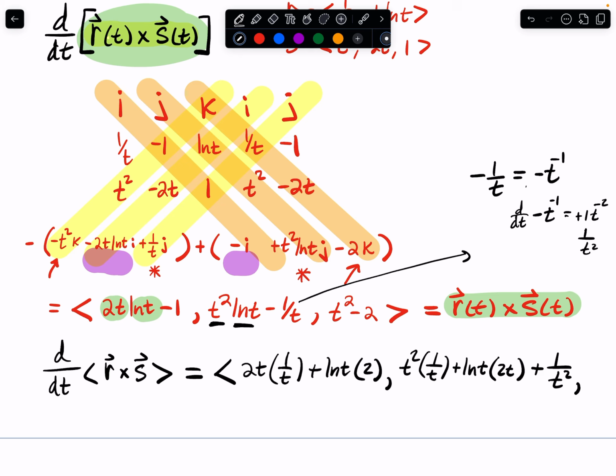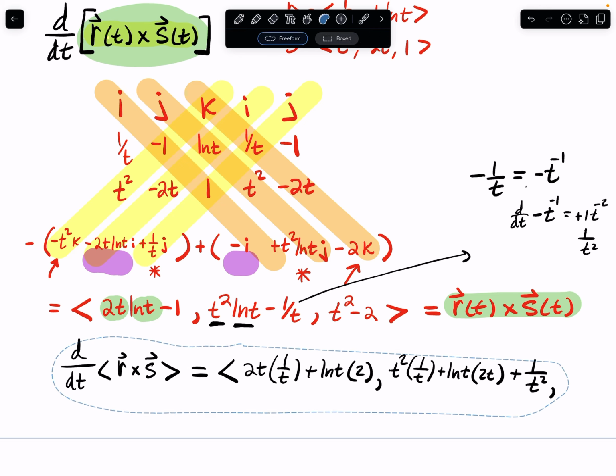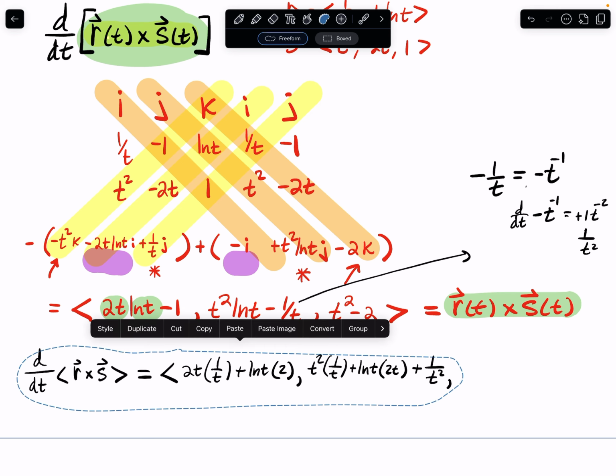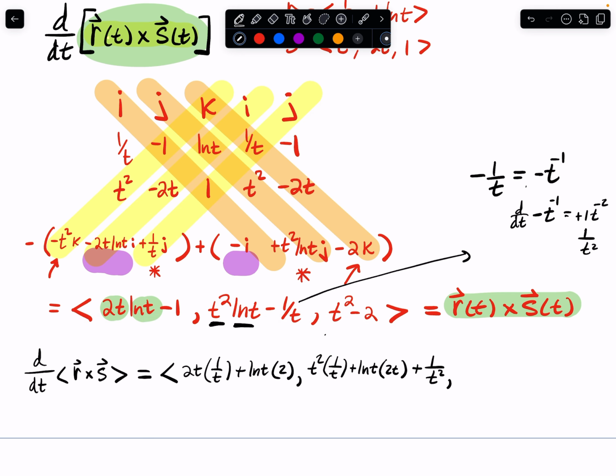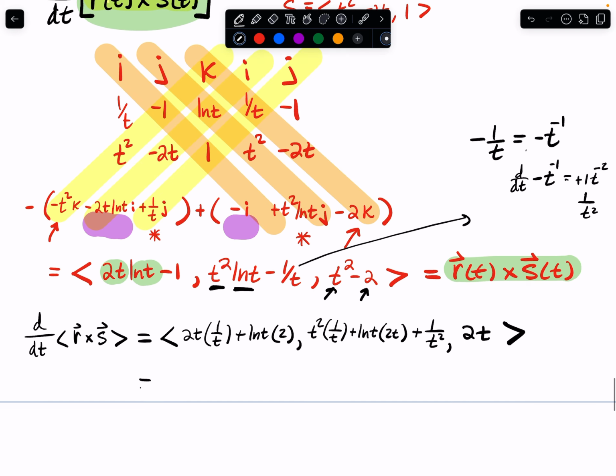And then the last component: the derivative of t squared is 2t. The derivative of negative 2 is 0. All right, I can simplify this a little bit. The t cancels with the t here.